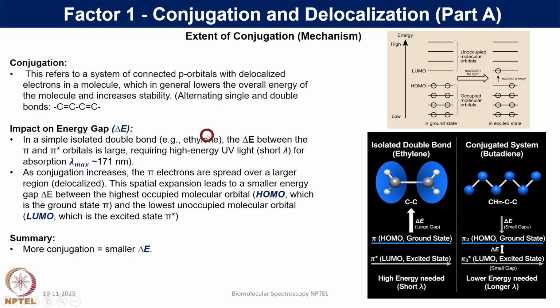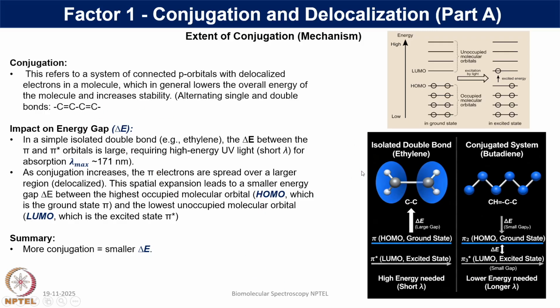Alternating single and double bonds like this, right. The impact of the energy gap determines which absorbs where. In a simple isolated double bond like ethylene, look at this, delta E between the pi and pi-star orbital is large, and therefore it requires high energy, high UV light and shorter wavelength for an absorption that happens around, in this case, 171 nanometer.